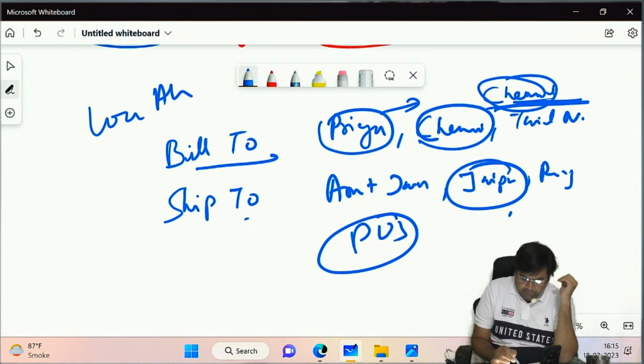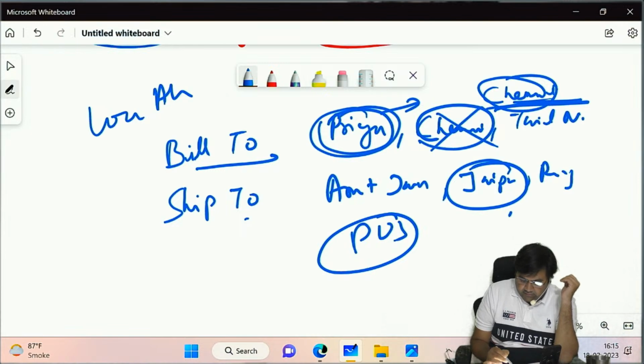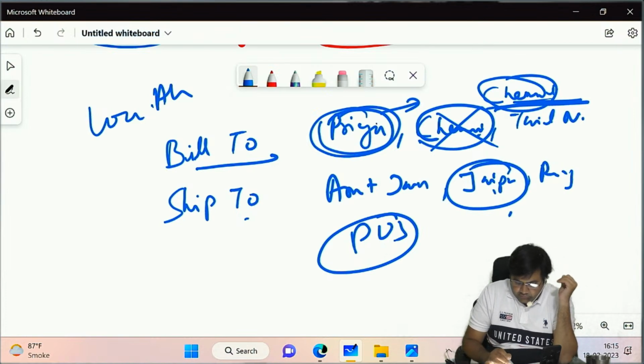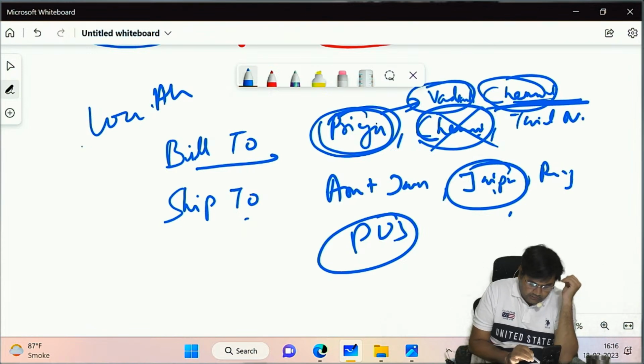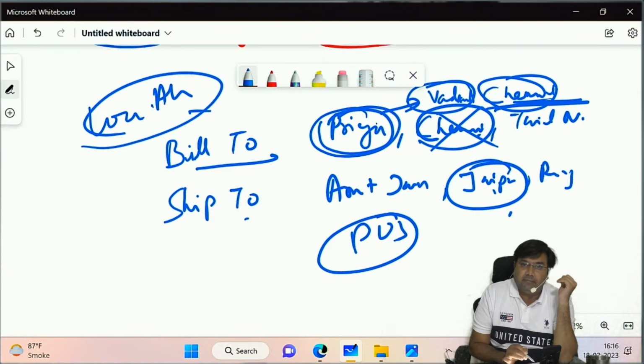Okay, so let's say Priya's location is not Chennai, because in both scenarios it is going to be IGST only, from Ahmedabad to Jaipur or Chennai. So let's say Priya's location is Vadodara, Gujarat, and location of supplier is Ahmedabad. So it is going to be intra-state only.